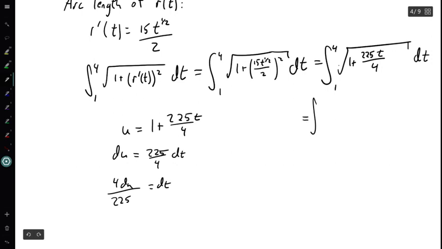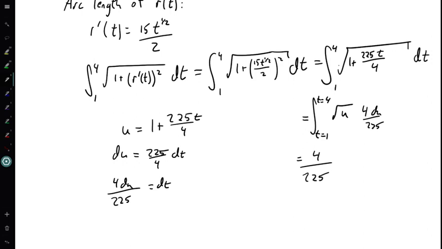And now we're integrating from t equals 1 to t equals 4 of the square root of u. Dt, rather, is 4 du out of 225. So we get 4 out of 225 times the integral of square root of u du, which is u to the 3 halves times 2/3. We're evaluating from t equals 1 to t equals 4.